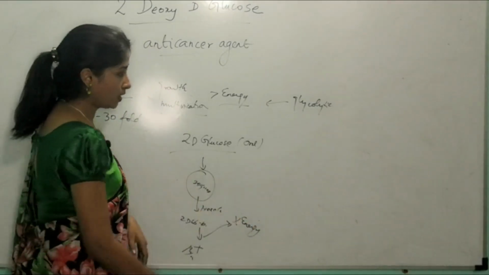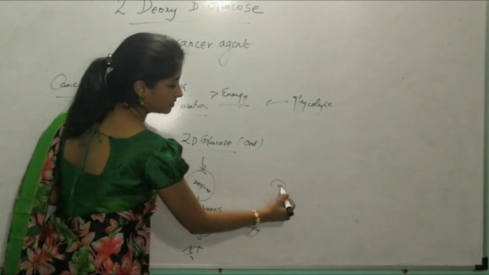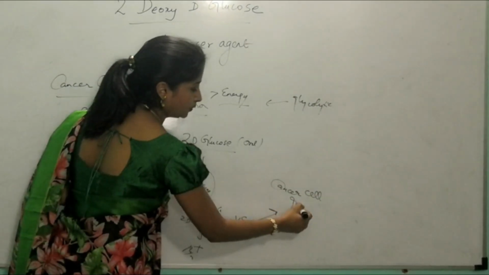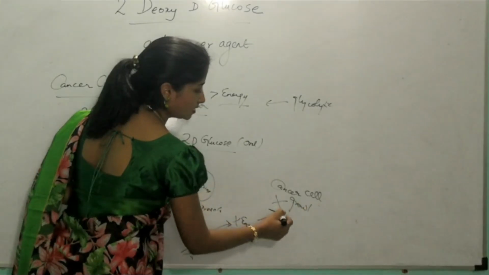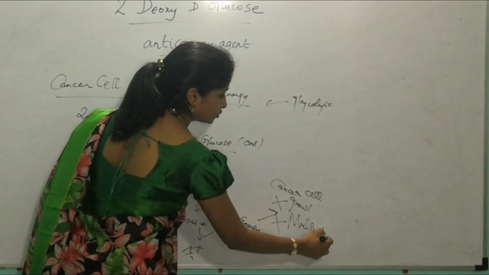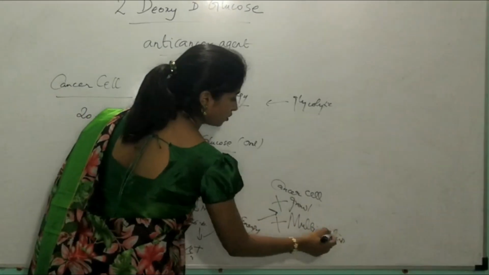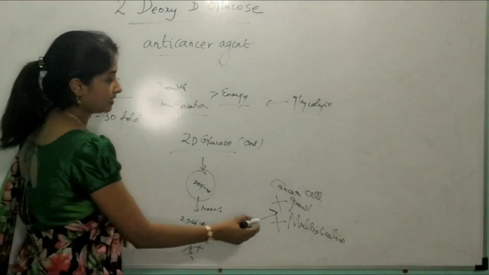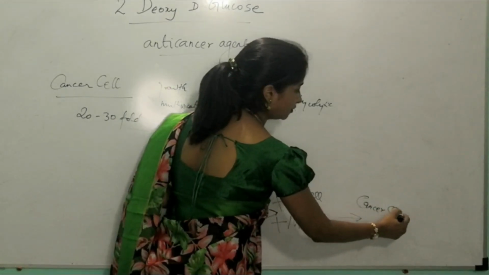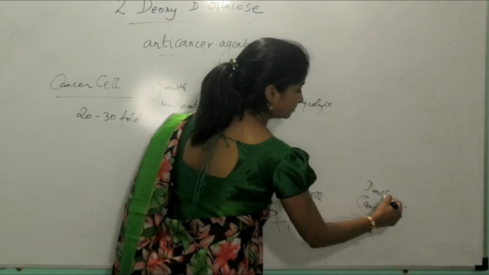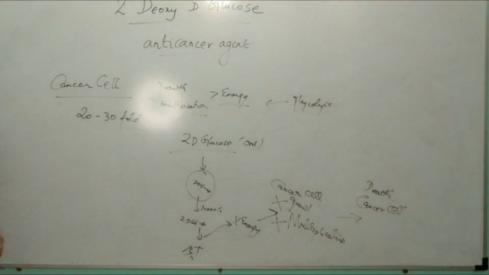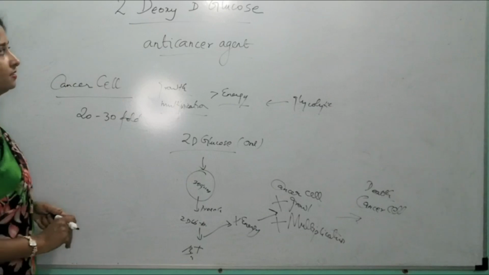Since there is no energy release, the cancer cells cannot grow, and they cannot multiply due to the deprivation of energy, and hence it leads to death of the cancer cell. So this mechanism plays a major role in the treatment of cancer.